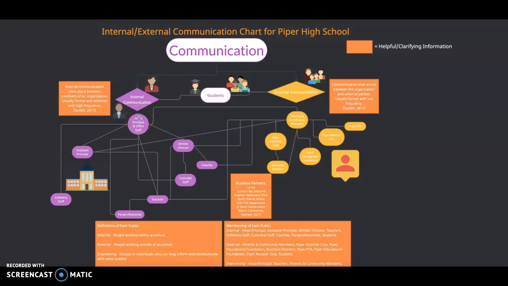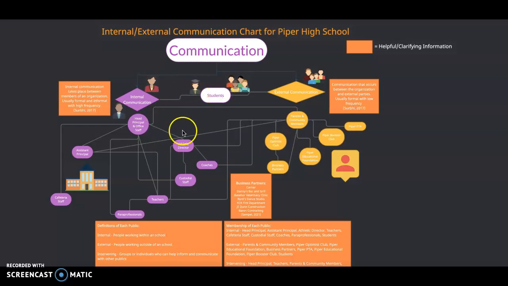And he communicates with a lot of people, everyone within the internal publics, and also he communicates with the parents and community members. And I just had him go right here to parents and community members because that encompasses all of these groups as well, because Piper Optimus, Business Partners, Piper Educational Foundation, the Piper Booster Club, and the Piper PTA are all composed of parents and community members.